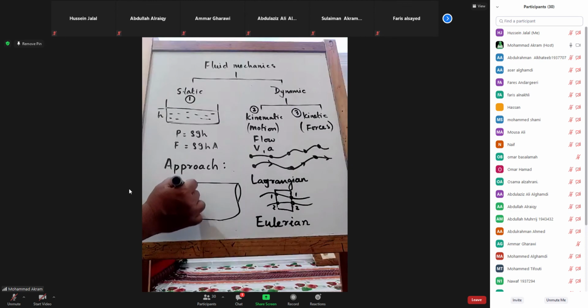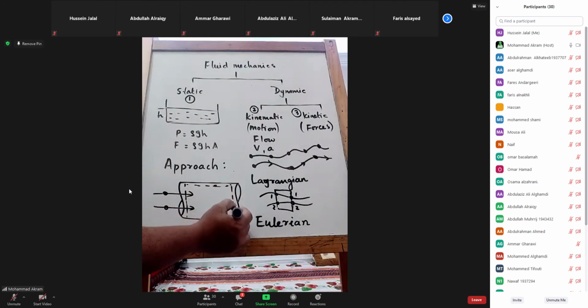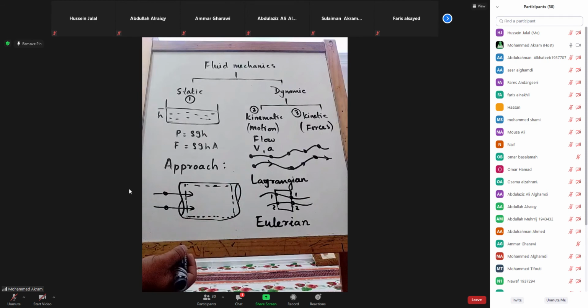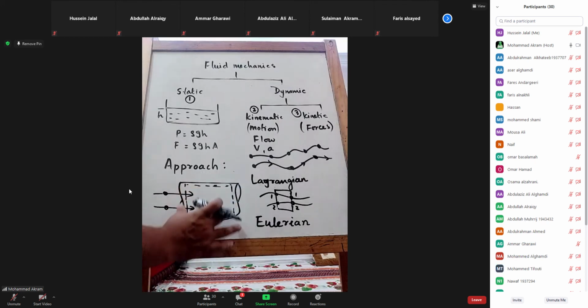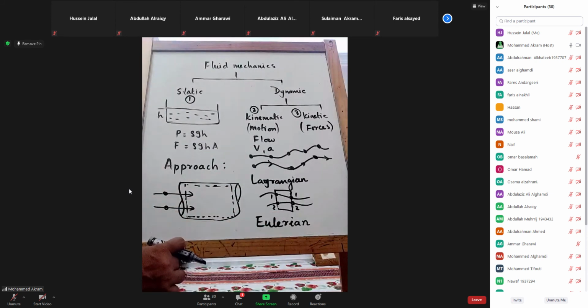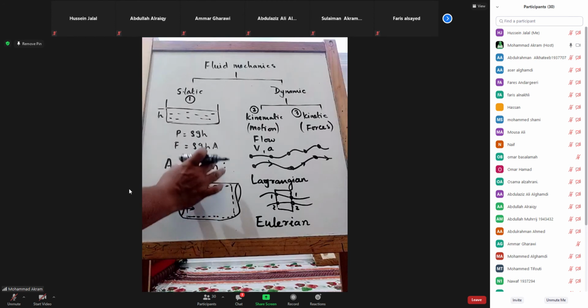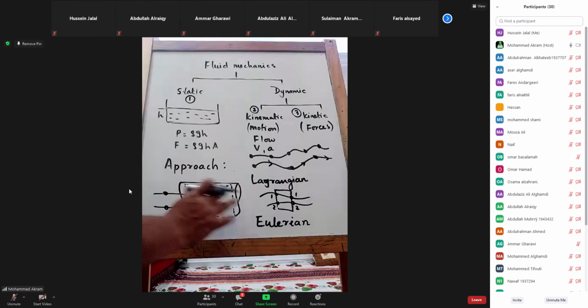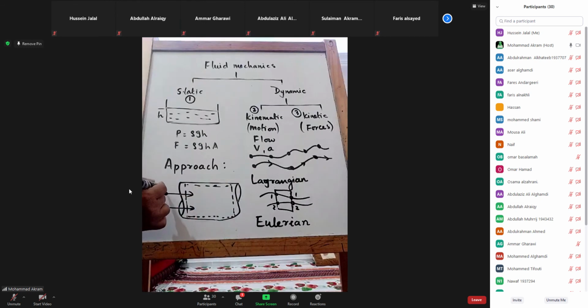But if you are focusing on this area, how many particles are coming in, what they are doing, and they are going out, then it becomes the Eulerian approach. If you fix an area, a place, a space for analysis, then it is Eulerian. If you are not fixing any area or not focusing on the space, but focusing on that particle or that flow, then that becomes Lagrangian.